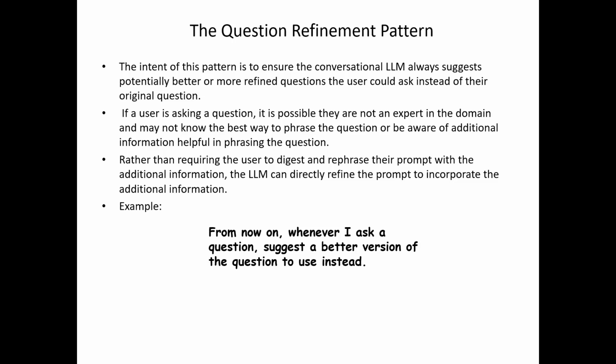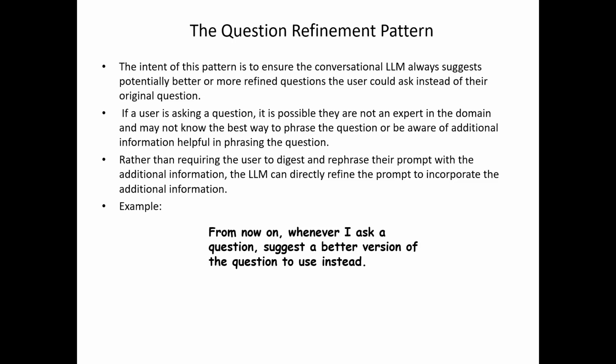So frankly speaking, instead of the user asking the question, we ask ChatGPT to ask the question in a better, better phrased way. In order to apply this pattern, we can follow this prompt.